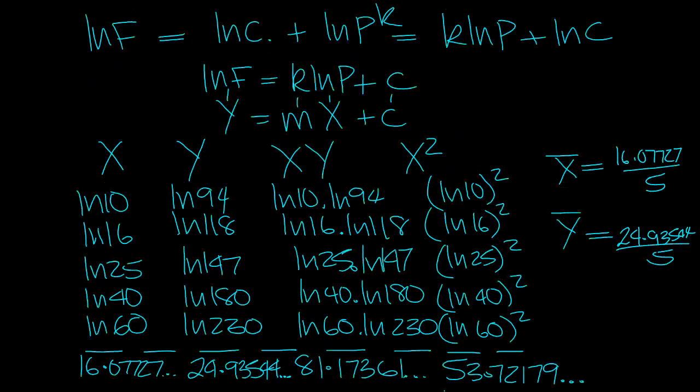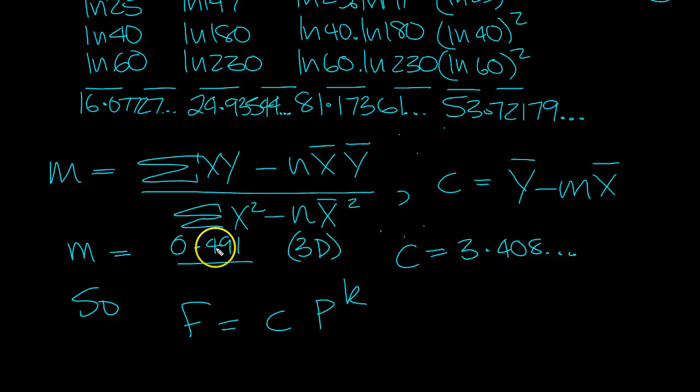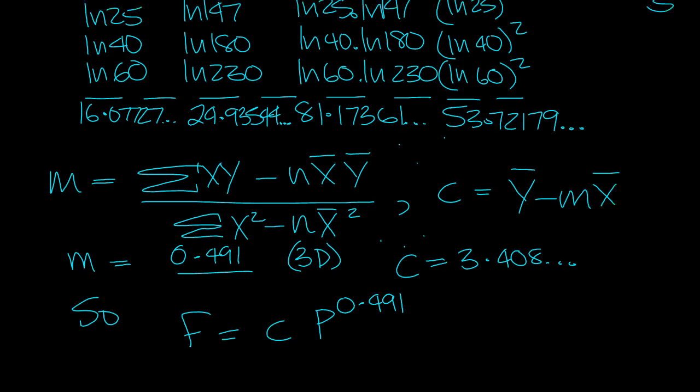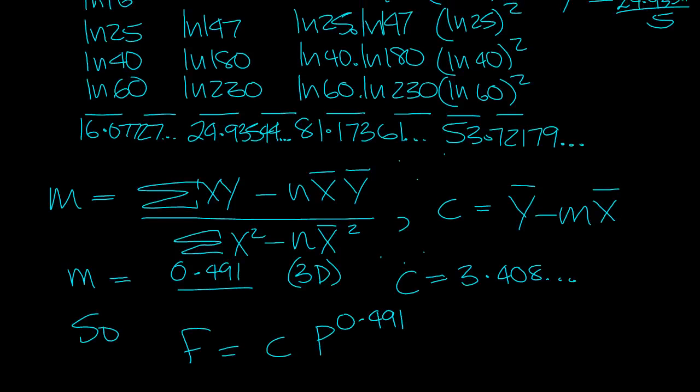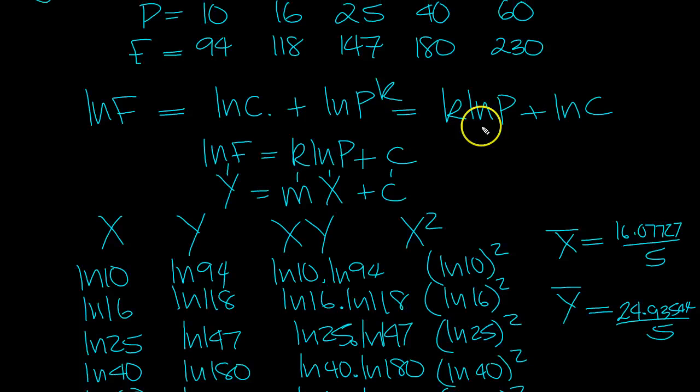K was the value m, and m is 0.491. And c I've got here, which I'm a bit worried about. So I'm going to double check it.